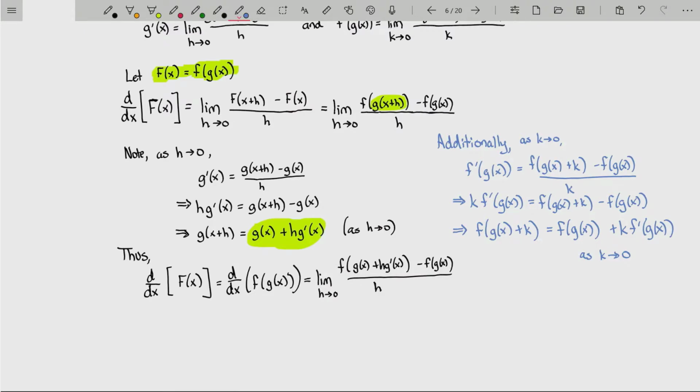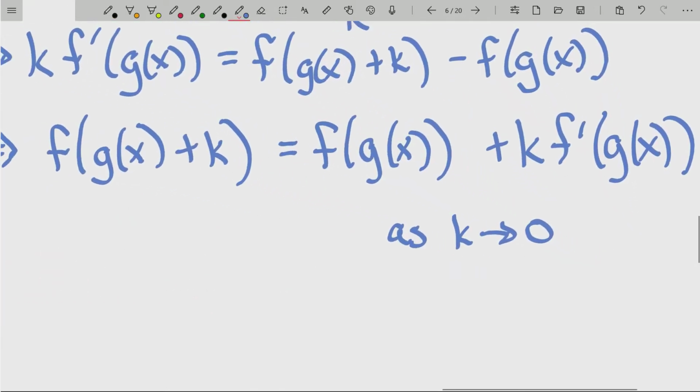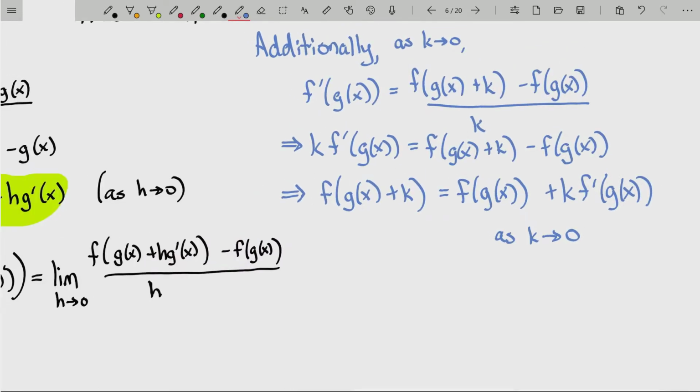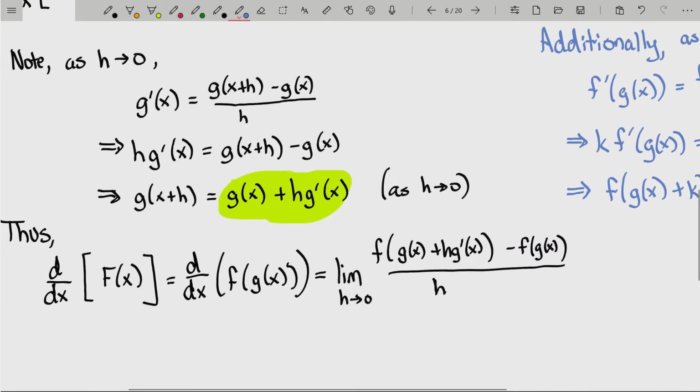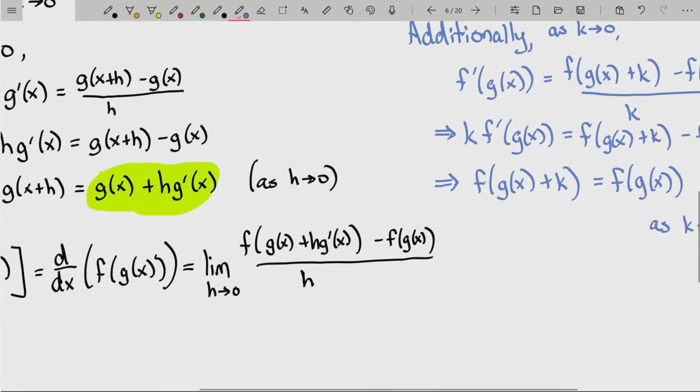But the last little argument that I'm going to mention here is, first of all, in this statement, we're talking about k approaching 0, and notice that in our limit here, which is for our derivative of f of g of x, we have h approaching 0. And that's a problem.